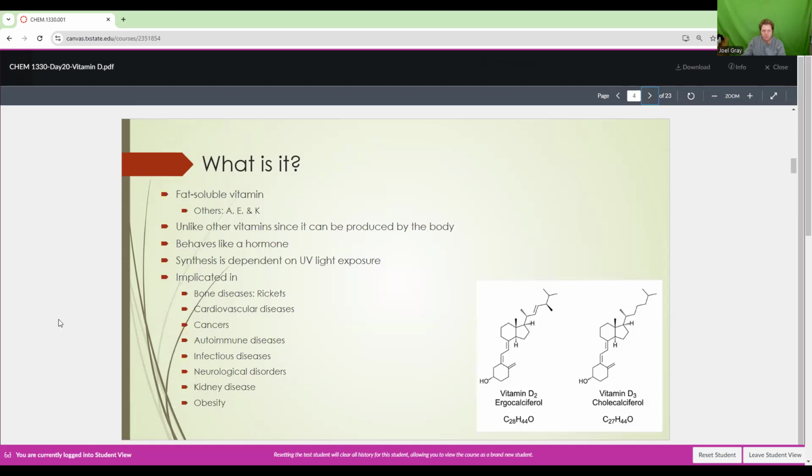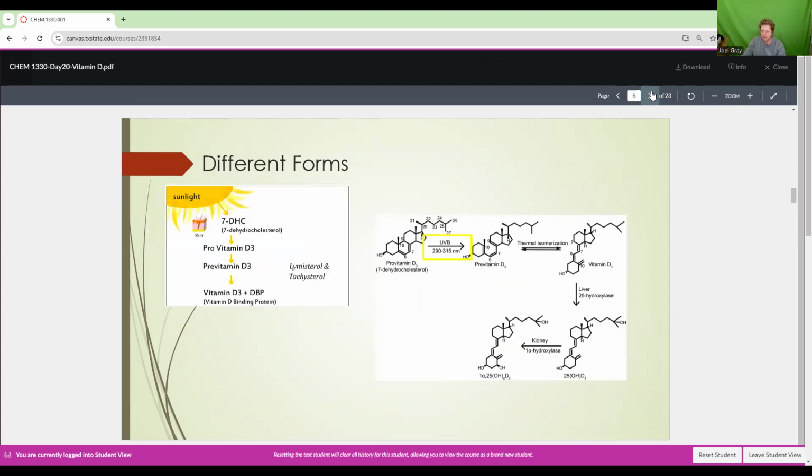It is involved in helping bone diseases, specifically rickets. Vitamin D is processed by UV light. So when you go outside and there's UV light exposure, that actually helps you out. Too much UV light can be cancerous, but the right amount is good for you.